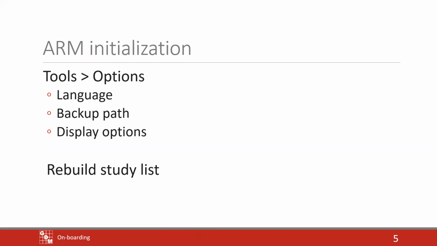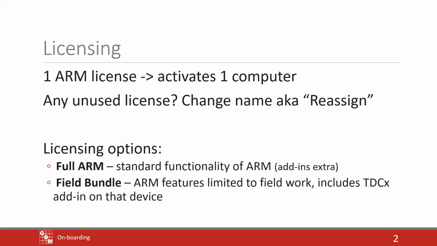And real quick, I had a question popping in here, changing the license details. Yes, the answer here would be the reassign, is what we call that. And that's free of charge. We can always change that investigator name on the license, and that of course creates a new password as well. You can just go out to our website.